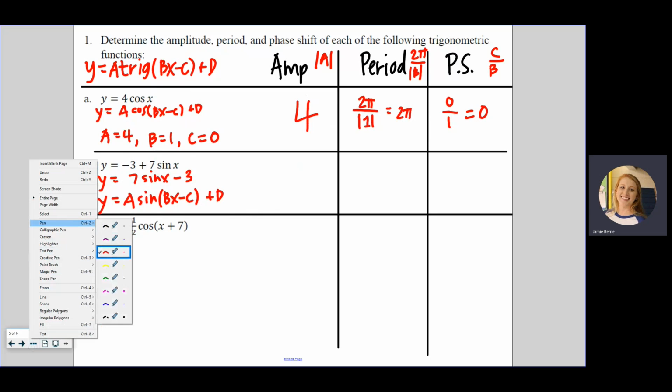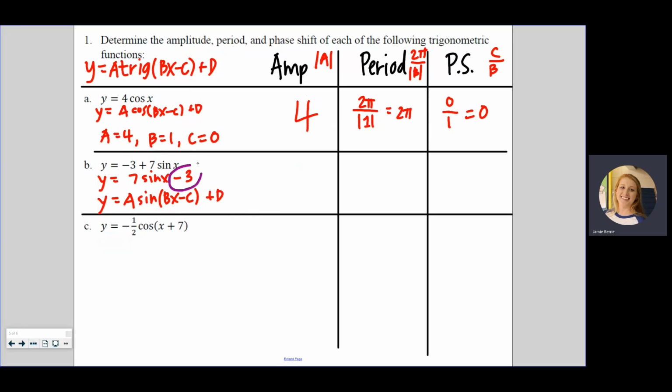This -3 on the end actually matches up with this vertical shift d. If you're just looking at what's being plugged into sine, it's just x. So if you wanted to, you could rewrite this as something like 7 times sine of x and then -3 on the end. That makes it more clear that x is the only thing being plugged into sine here. That -3, that's just on the end.